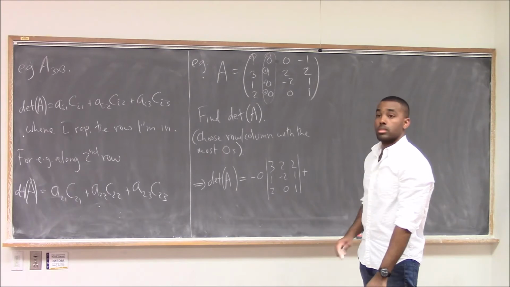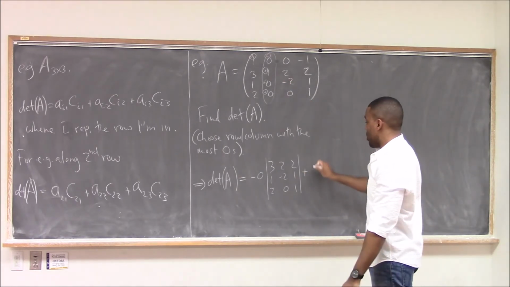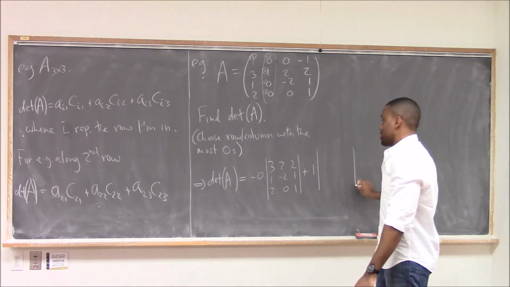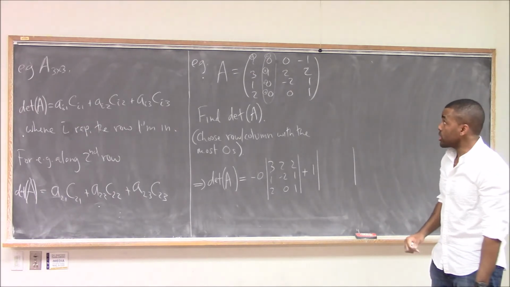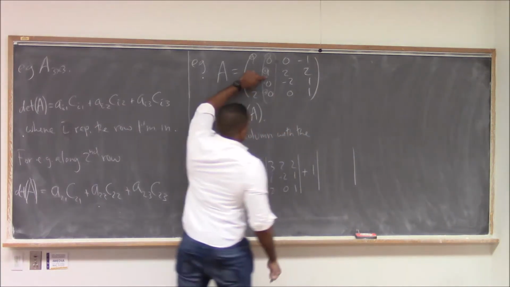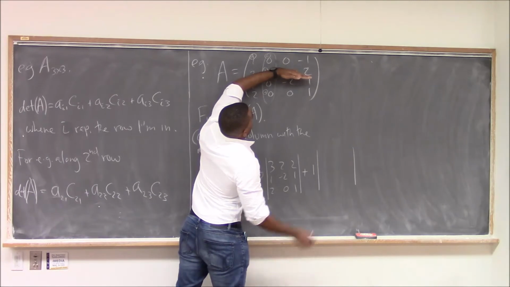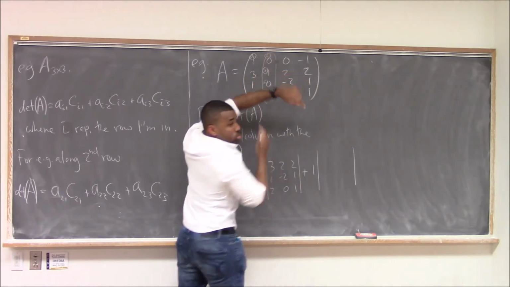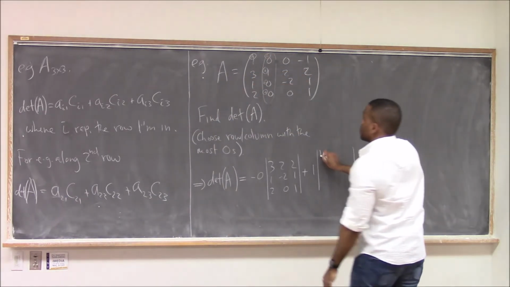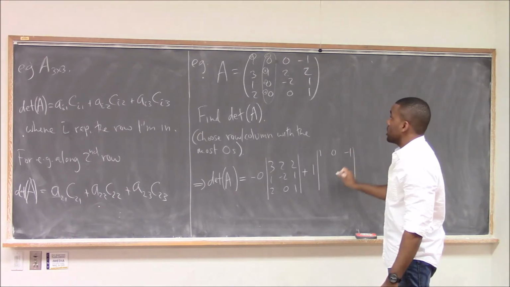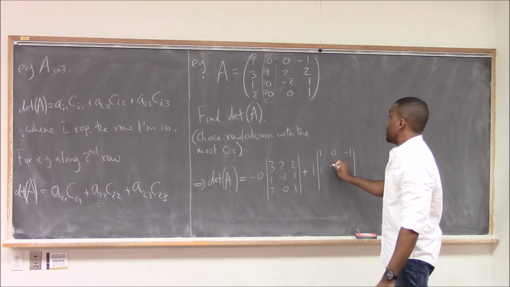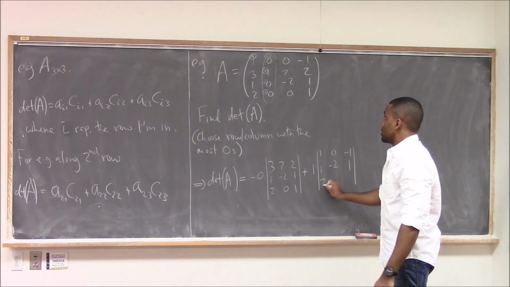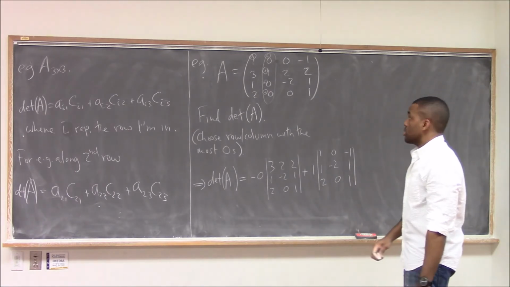Plus, move to the next one. 1 times the determinant of some matrix. Which matrix? Block out everyone in that row and that column and write down the remaining. So it's 1, 0, minus 1, 1, minus 2, 1, 2, 0, 1.